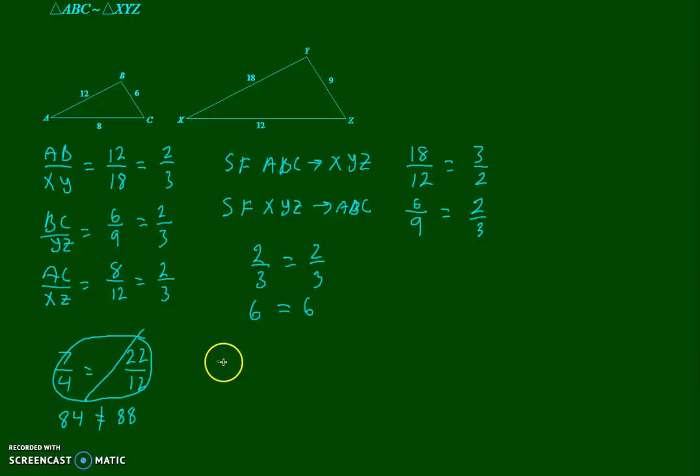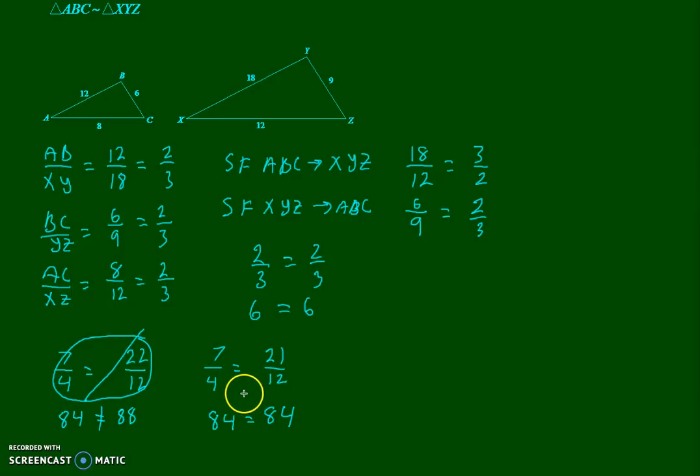But let's alter it so that it is. So if we said 7 over 4 equals 21 over 12, 7 times 12 is 84, and 4 times 21 is 84, and they are a valid proportion.